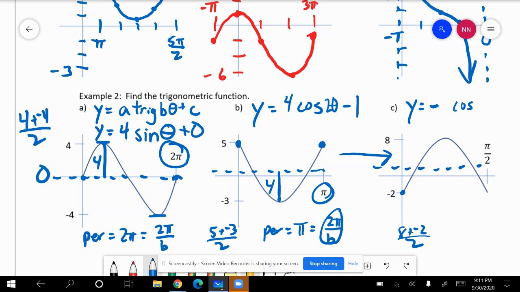So we have a midline at 3. 3 to the peak is 5. Remember, it's a -5 because cosine's going in the opposite direction. And if we're looking at it, my period is pi halves. And if we look at our formula, it's 2 pi over b. And so in order for this to be equal, my b value has to be 4. And that would be my equation.